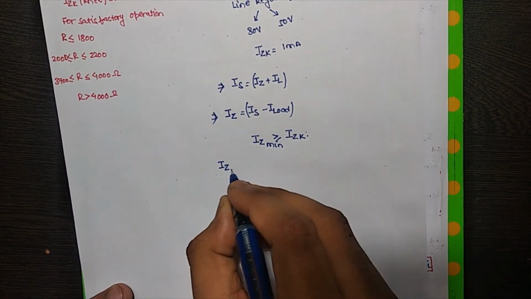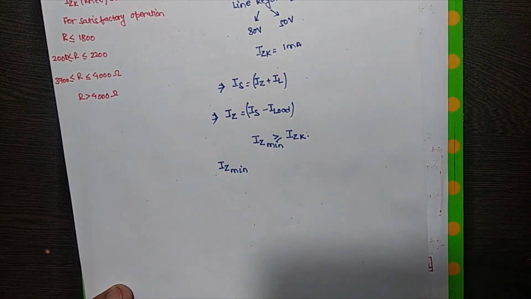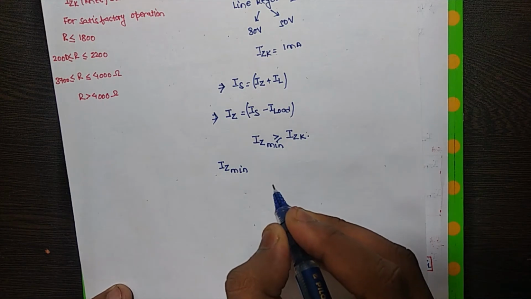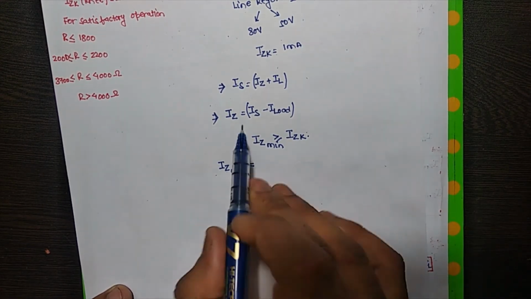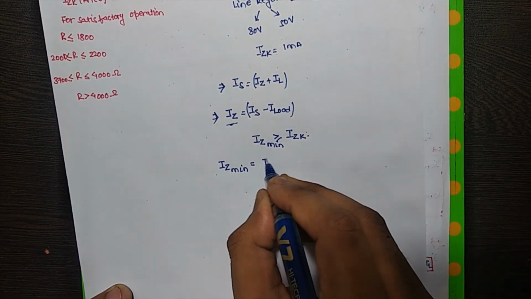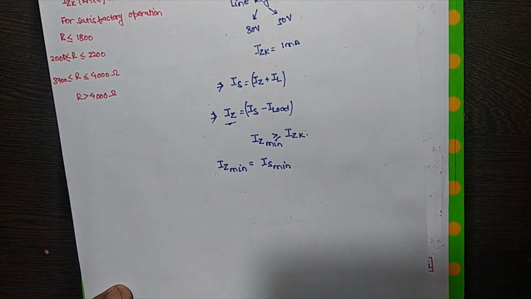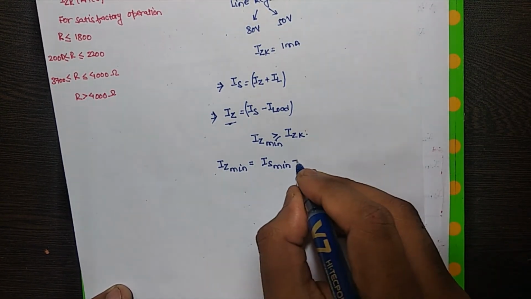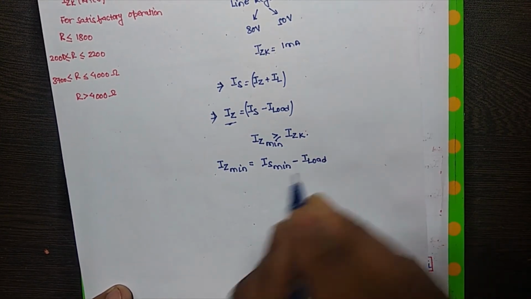So what will IZ min be? To calculate IZ min, you will have to calculate IS min minus I load max.